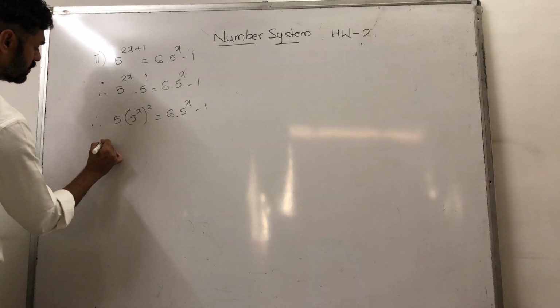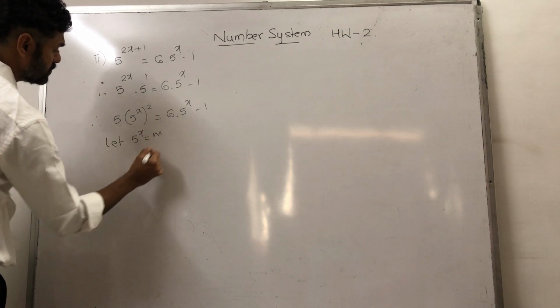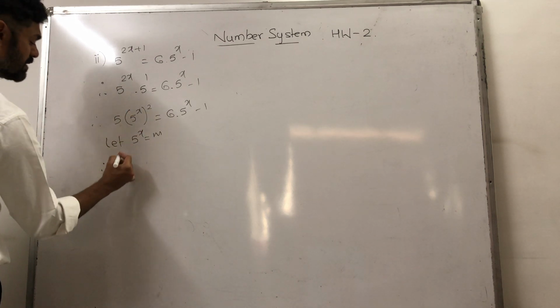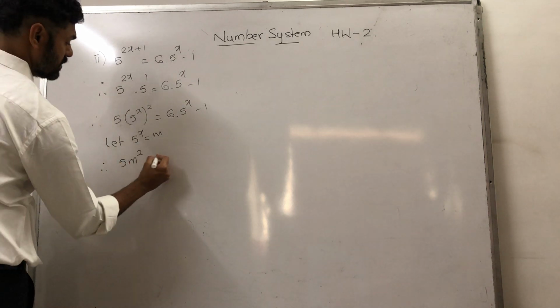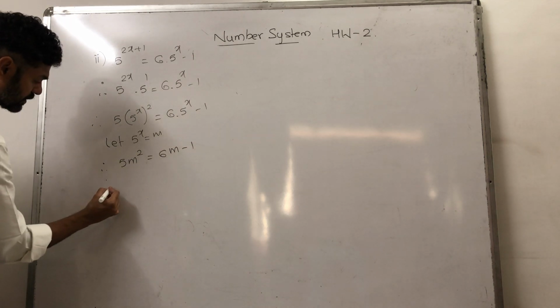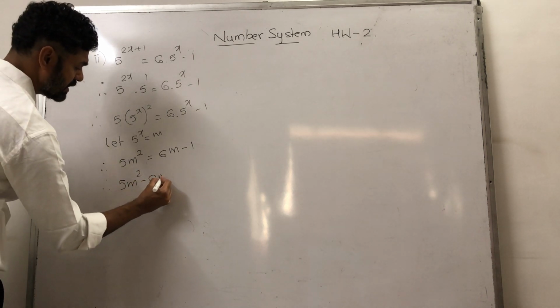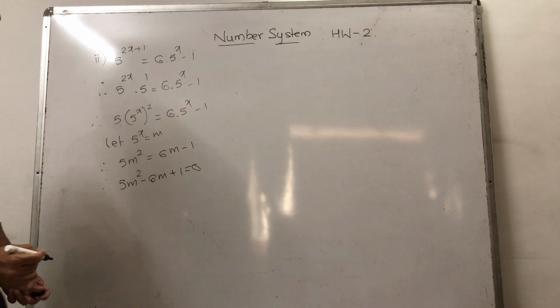So now we will say let 5 raised to x equal m. Therefore you write this as m, so this becomes m square. 5m square. This is 6, 5 raised to x is m, minus 1. Plus 6m comes on this side, it will be minus 6m, and minus 1 comes on this side, it will be plus 1. Now what do we have?